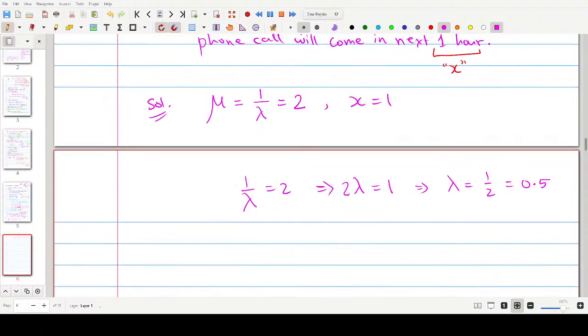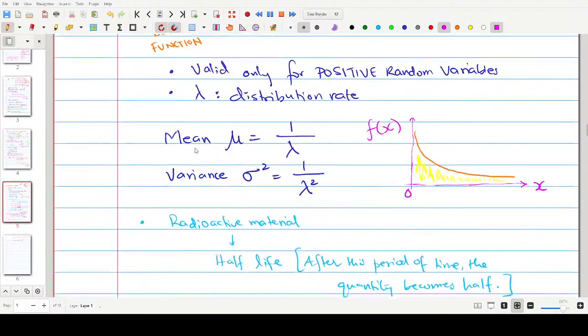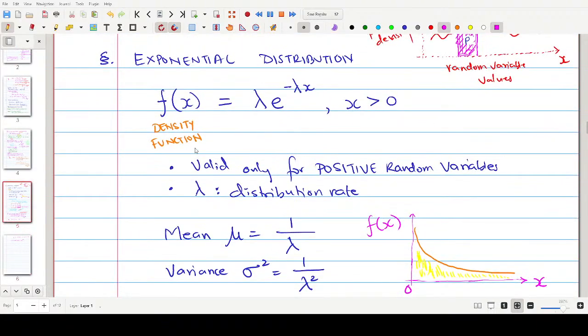Now what we do next is we will try to put the formula and find out what it is. So the probability of call in next 1 hour will be equal to lambda e to the power minus lambda x. So that was the formula. As is given here, you can see in the top row, the density function formula is given by f(x) equals lambda multiplied by e to the power of negative lambda x.